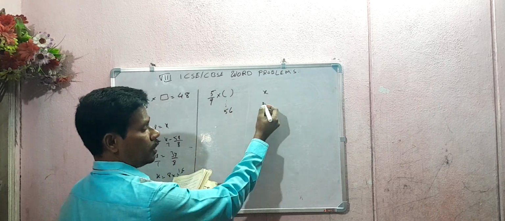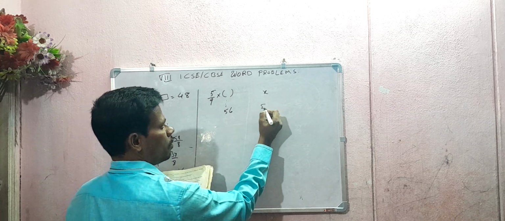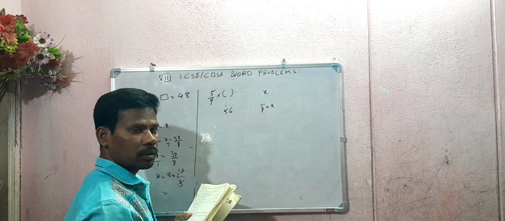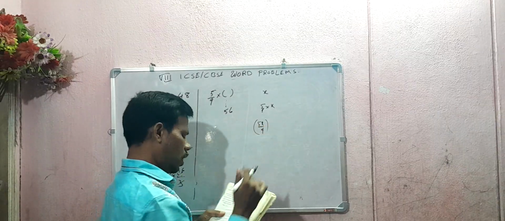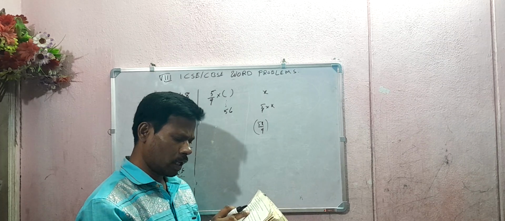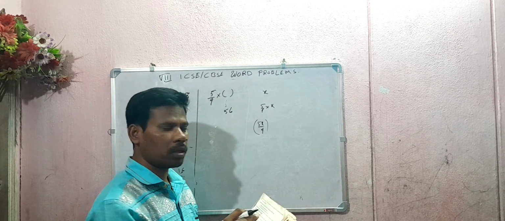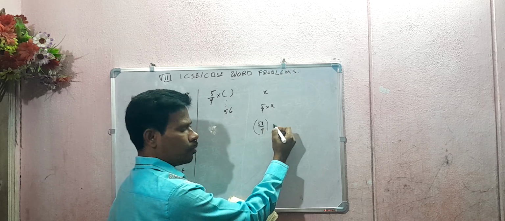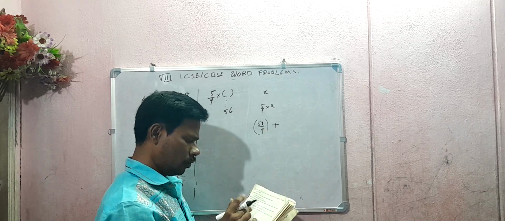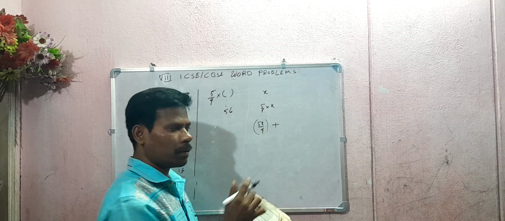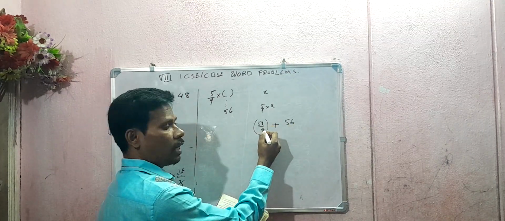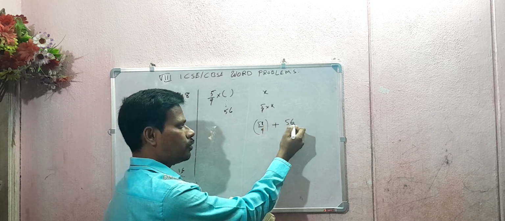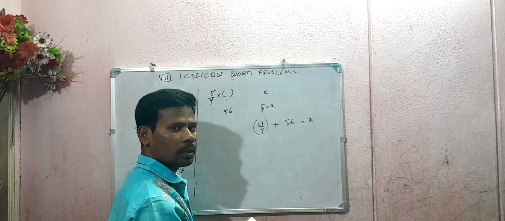So just now we have discussed 5 by 9 into x, that is 5x by 9. This is the number of pages you have read. After reading means this plus what is given, 56 pages are yet to be read. So 5 by 9 of the pages you have read plus 56 is equal to x.